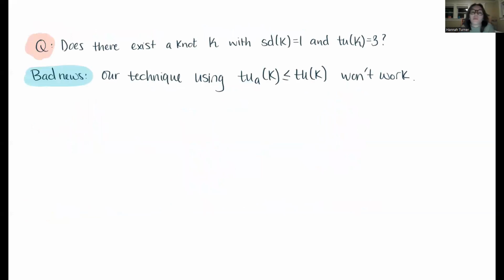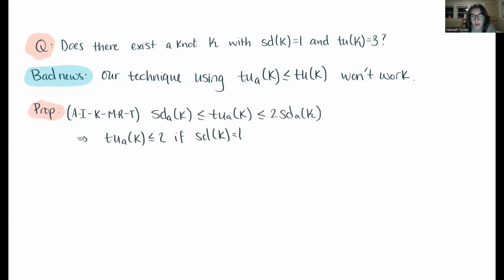And I just want to point out that what we used when we were talking about these pretzel knots is not going to work. We looked at the algebraic untwisting number, and it was a lower bound for the untwisting number. But what we showed is that there's also a tight bound between the algebraic version of surgery description number and untwisting number.